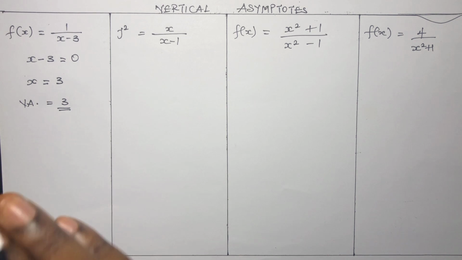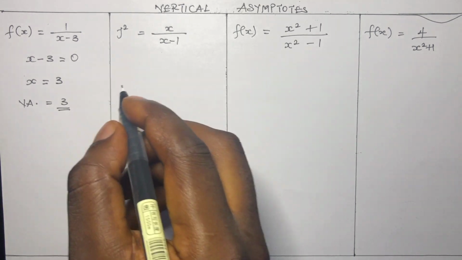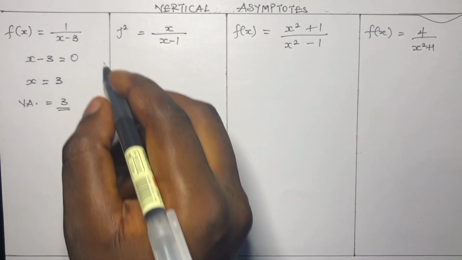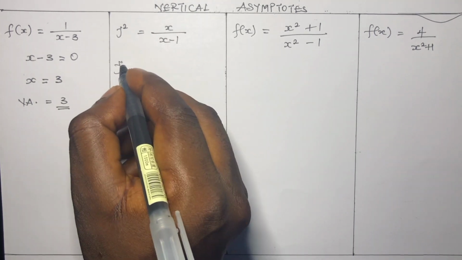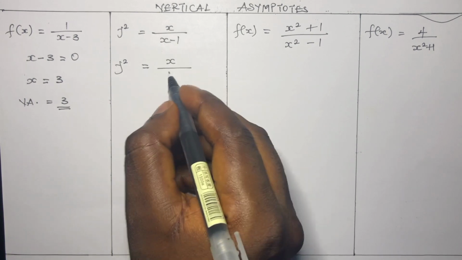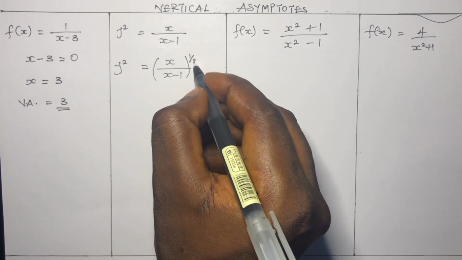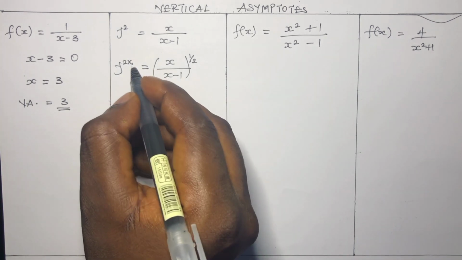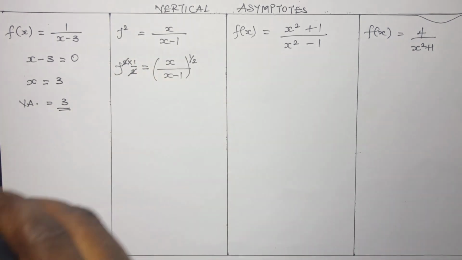So the best approach we can take from the knowledge of indices, we are going to multiply both sides by the power of half. So we have y squared equal to x over x minus 1, all raised to the index of half. And then we are going to also multiply this by half so that 2 cancels 2, right?